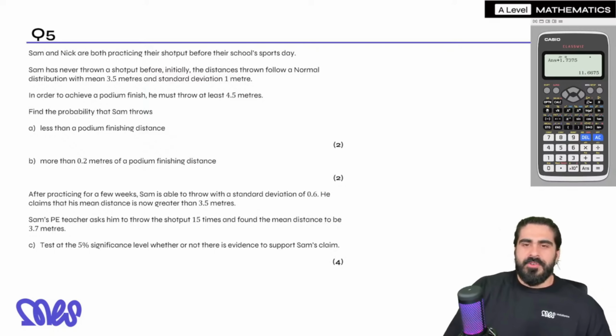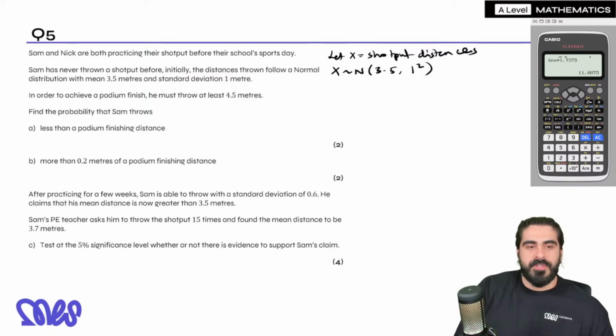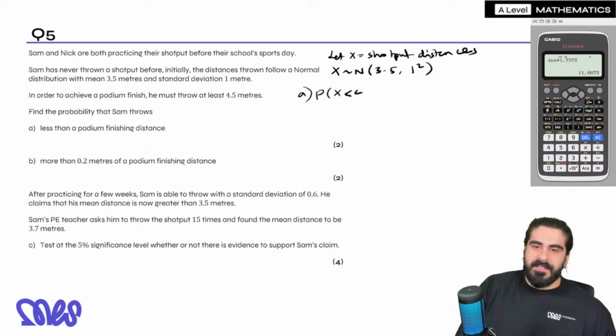All right, so we have a normal distribution. Let's let x equal shot put distances. X is normally distributed with a mean of 3.5, standard deviation 1, so we'll say 1 squared. We want the probability of less than a podium finish, which would be x is less than 4.5.